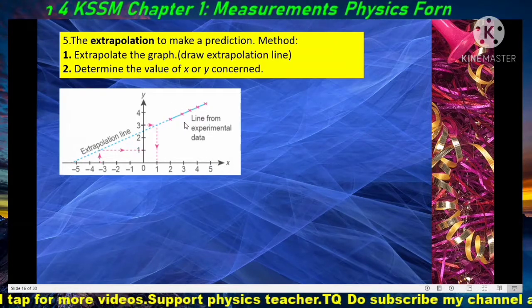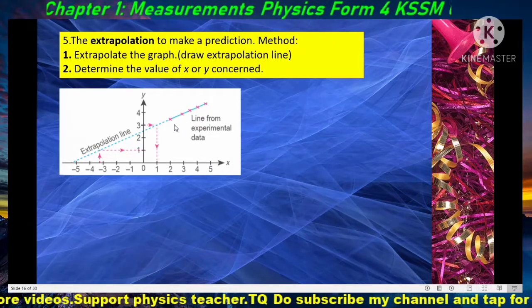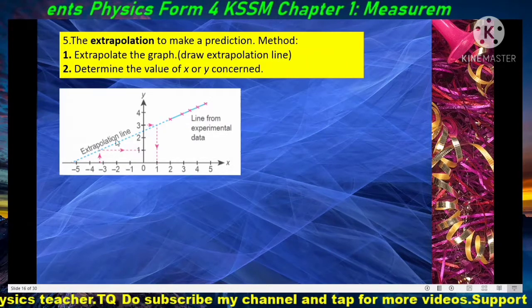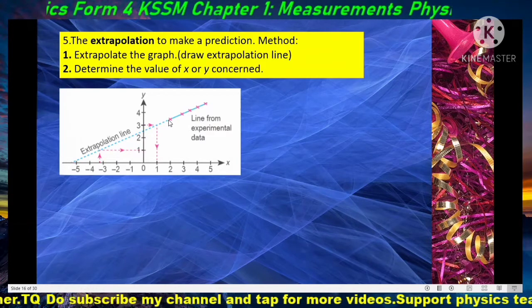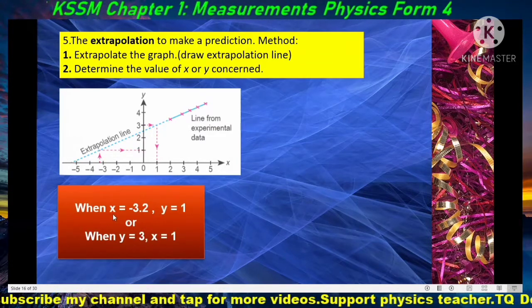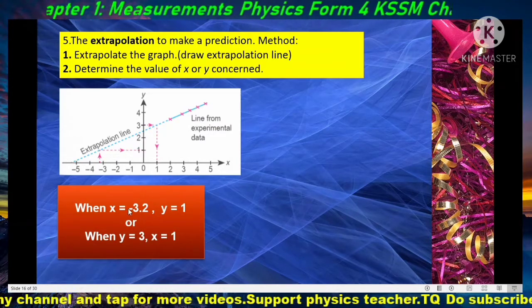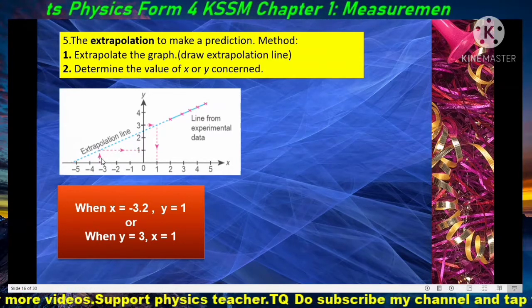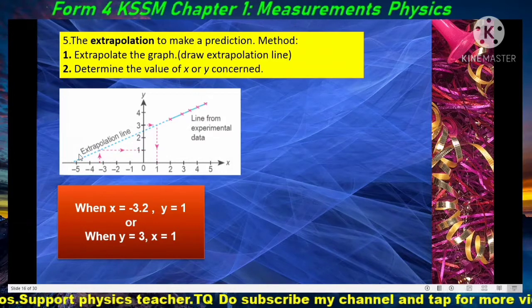So this is the range of data that you get. Let's say they want you to determine something which is out of range. For example, determine the value of y when x is negative 3.2. Negative 3.2 is out of range.